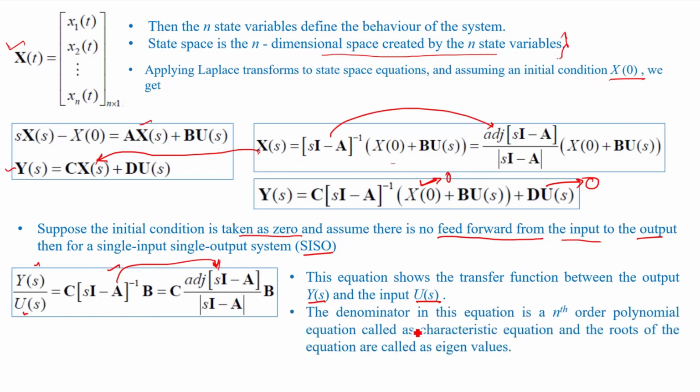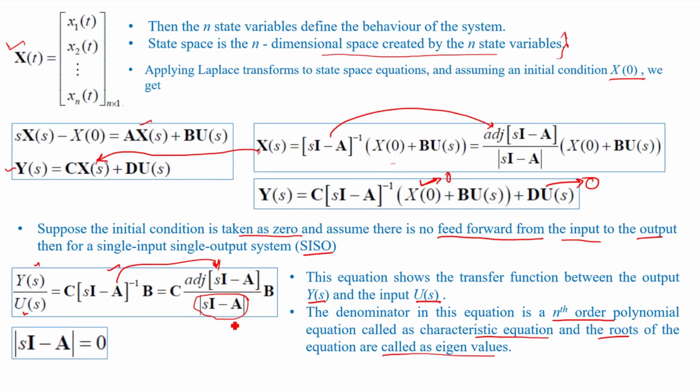The denominator in this equation is an nth order polynomial, called the characteristic equation, and the roots of this characteristic equation are called the eigenvalues. We know this already from previous courses.